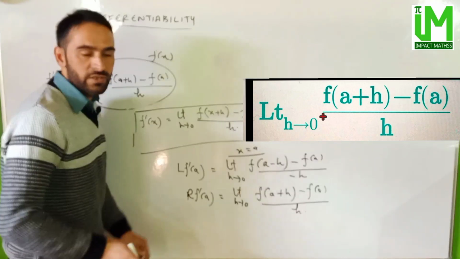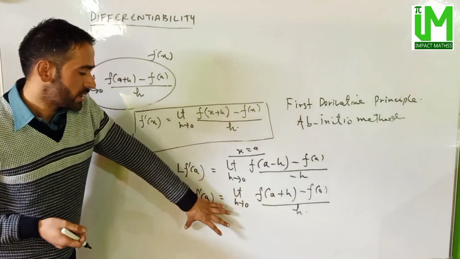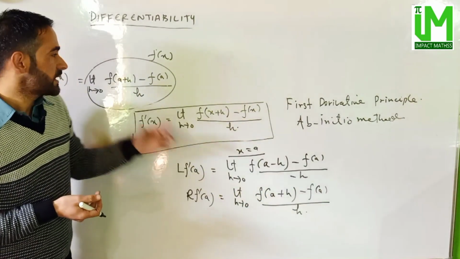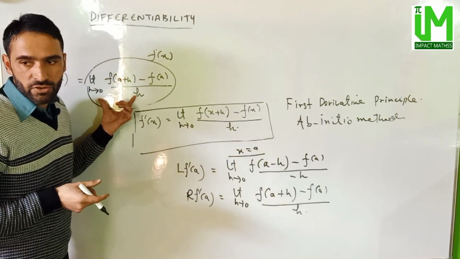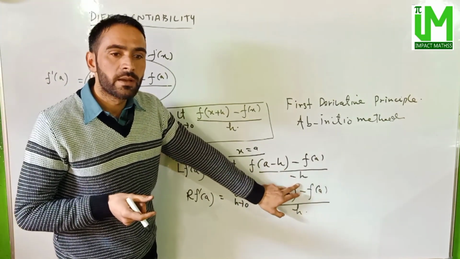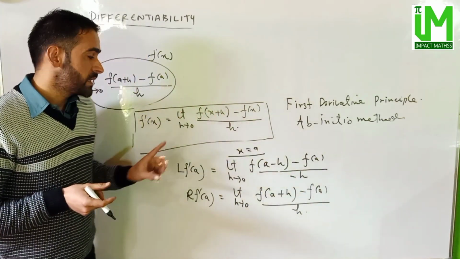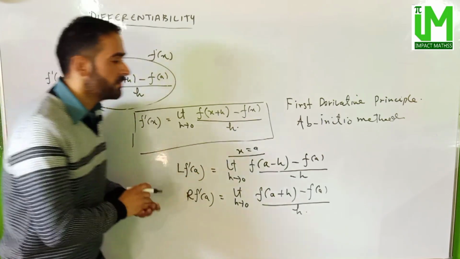For the right hand derivative, this is exactly the definition, with no change, whereas for the left hand derivative we write A minus h and minus h. And obviously the derivative at the point x is equal to A will exist.